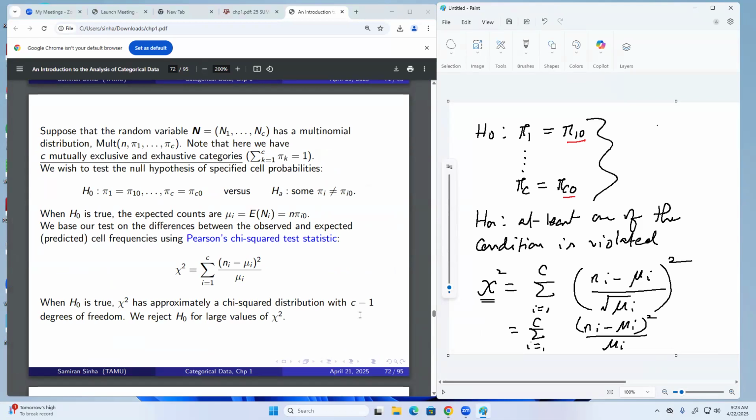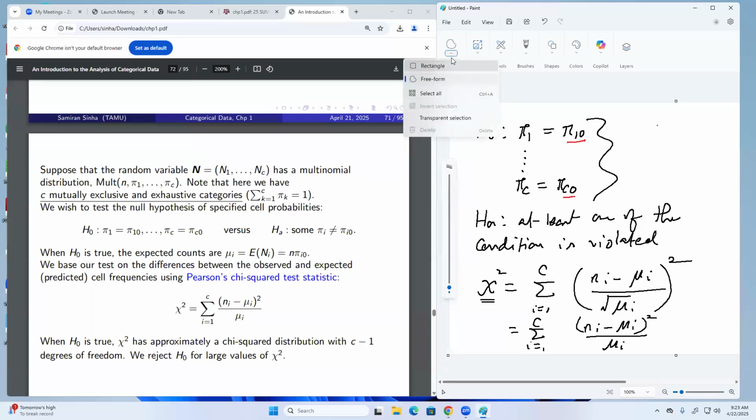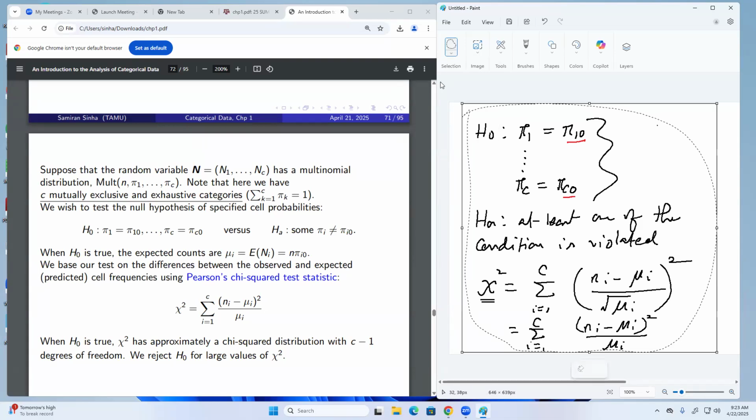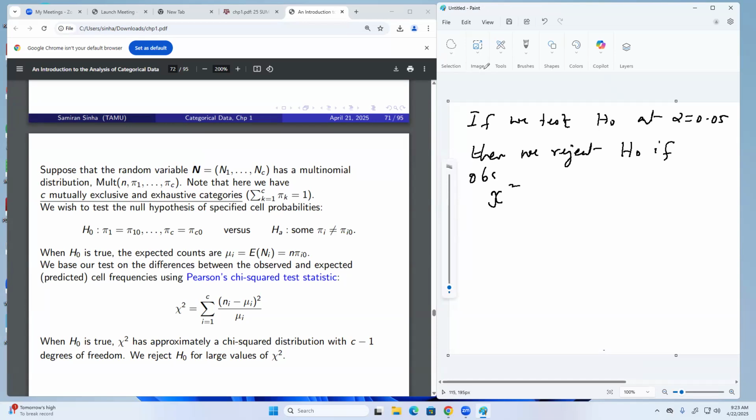For instance, if we want to test the hypothesis at, let's say, 5% level, so if we test H0 at alpha equal to 0.05, then we reject H0 if the observed statistic value chi-square is greater than the upper alpha percentile of the chi-square distribution with degrees of freedom C minus 1.